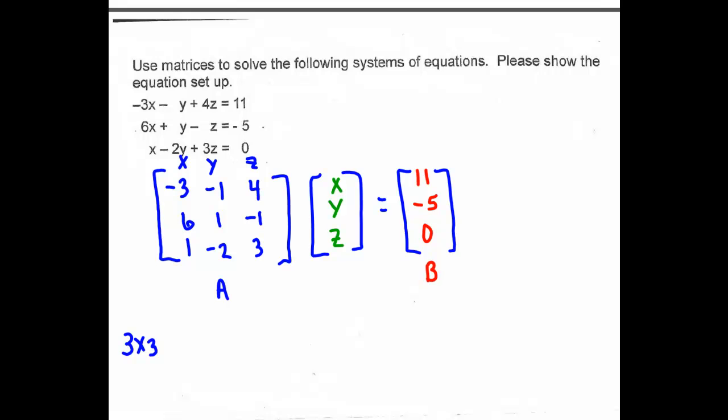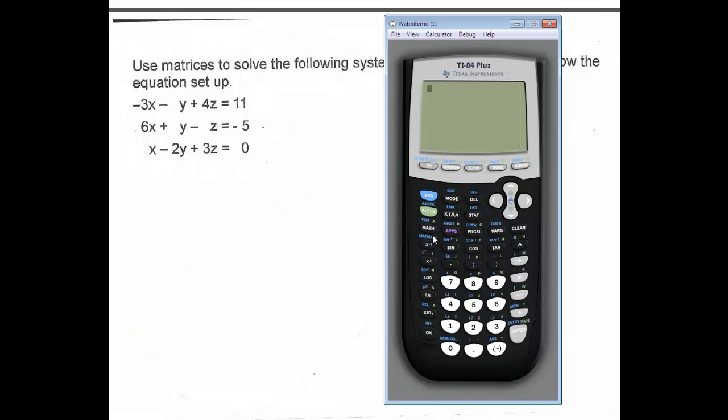Now that the equations are set up, let's use the calculator. Second matrix, right over to edit, and we already have an equation in our calculator this time because this was the previous one, so we need to change what we need to change. This is still a 3 by 3, so enter through there.